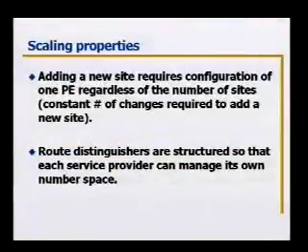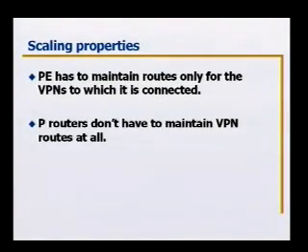From a provider point of view, it's also quite a nice arrangement because adding a new site requires configuration of one PE regardless of the number of sites. It's a constant number of changes required to add a new site. And route distinguishers are structured so that each provider can manage his own space. This is maybe at this point not that interesting, but when we see the hierarchical applications, you'll see why this is interesting.